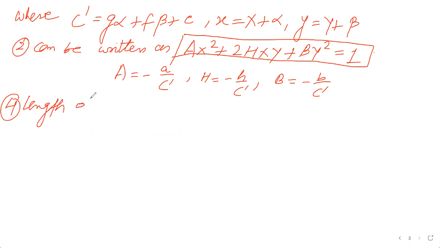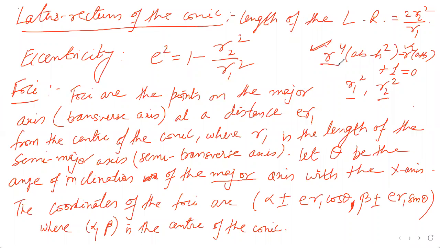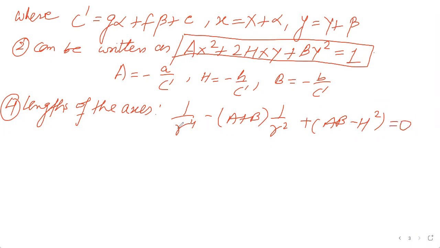So length of the axis. तो लेंथ का फॉर्मूला जो मैं दिखा रहा था अभी, जो मैंने इक्वेशन लिखी थी, ये वाली इक्वेशन है, ये लास्ट लेक्चर की R4 में जो आई थी, इससे अगर आप लिखेंगे तो इट विल गिव यू लेंथ ऑफ द एक्सिस. तो ये इट वाज कमिंग एक्चुअली इन दिस फ्रैक्शन फॉर्म 1/r⁴ minus (a plus b)/(AB minus h square) times 1/r square plus 1/(ab minus h square) is equal to 0. ये क्वेश्चन R4 HCM लेके लिख देंगे आप, वो एक ही चीज है.